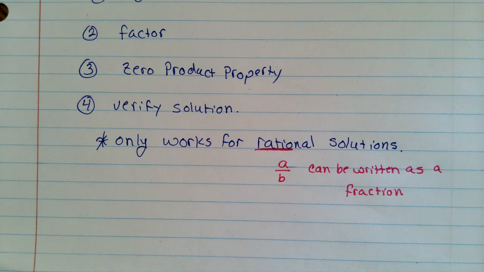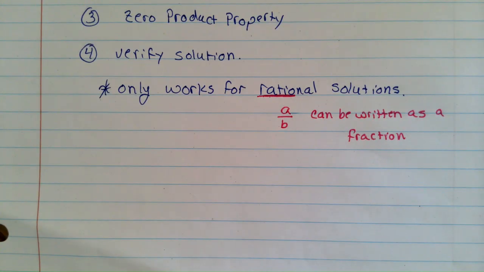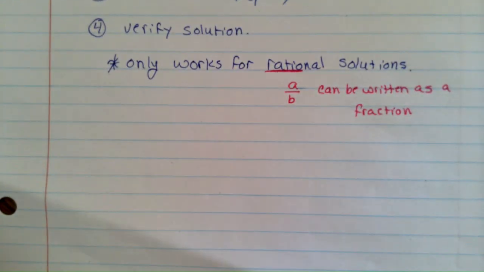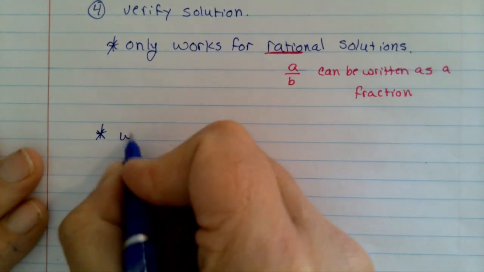Now we're going to also reverse that process. I'm going to give you some ordered pairs, and you're going to give me the equation of the parabola, which would be a quadratic equation. So we are going to write an equation.